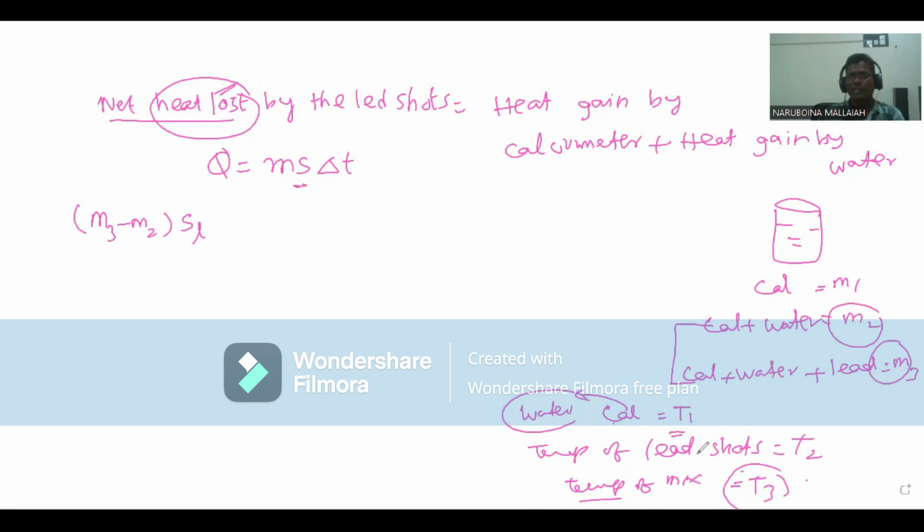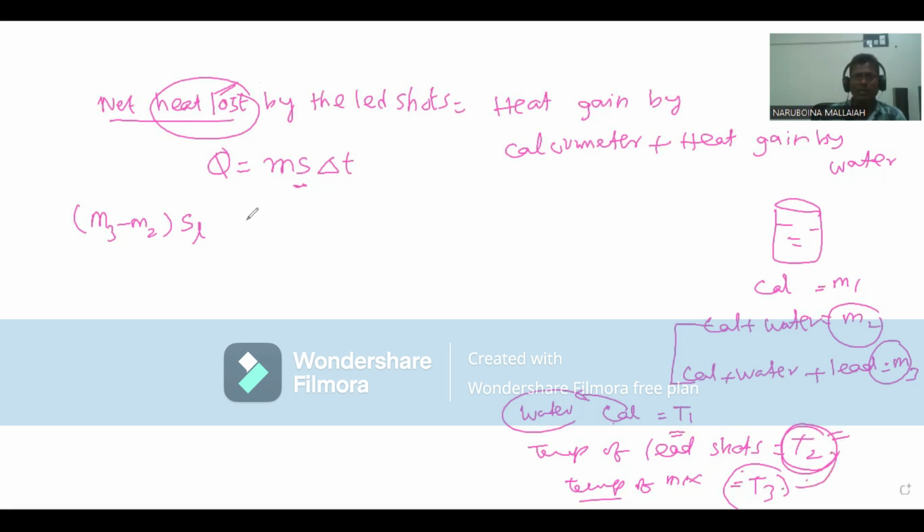So to find heat loss of the lead shards, the temperature of the lead shard is T2. When we place these lead shards in the calorimeter, it loses some heat. So T2 is greater than T3.